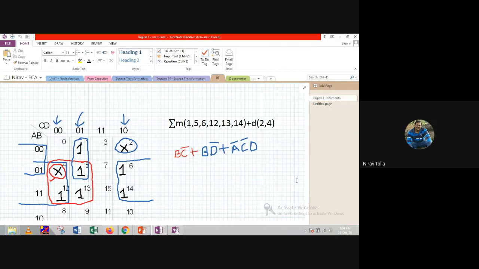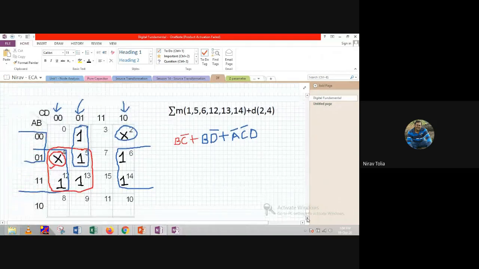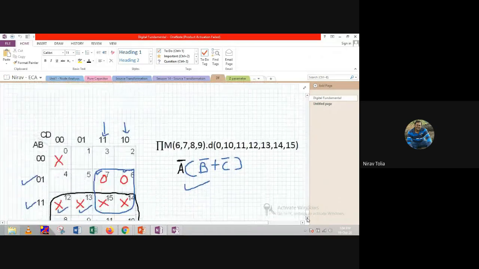If it is useful, then we can put the value of the don't care equal to 1 in an SOP function or min term example, and we put x equal to 0 in the POS function or max term function. So this is the example we solved in the last lecture, one with the min terms and another with the max terms.